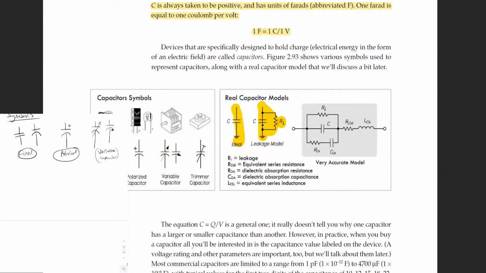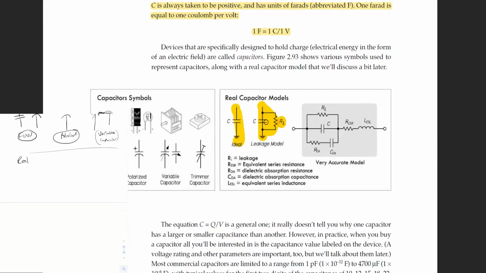So I feel like this ideal versus leakage is probably an important point, especially if I'm going to be using Multisim. Maybe I could start designing circuits with capacitors. Probably know that. So let's put real capacitor model.